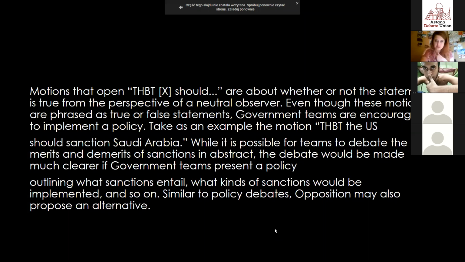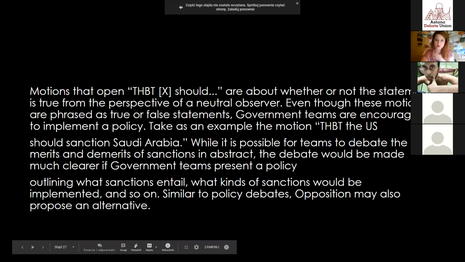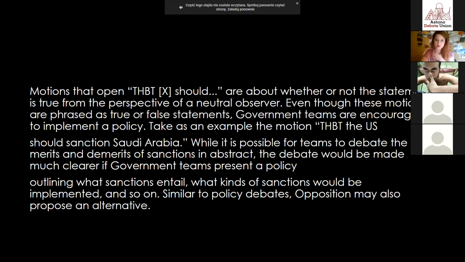This house believes that it should, and about whether or not the statement is true from the perspective of a net neutral observer. Even though these motions are phrased as true or false statements, government teams are encouraged to implement a policy. Take as an example the motion, this house believes that the US should sanction Saudi Arabia.